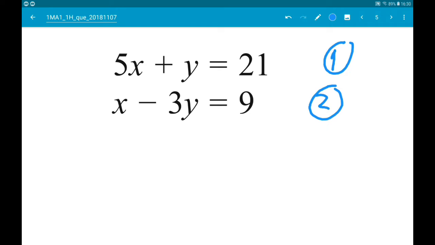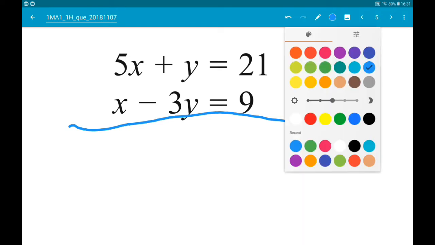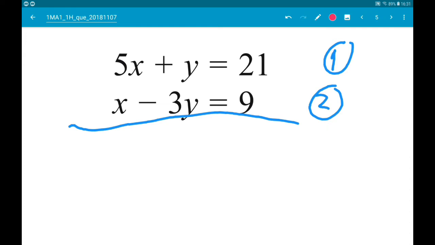With these, we only need to change 1 equation. So, I'm going to make the y's the same. To do that, I need to turn 1y into 3y. Doesn't matter that 1 is positive and 1 negative, we can deal with that.